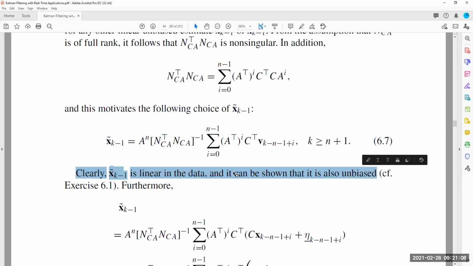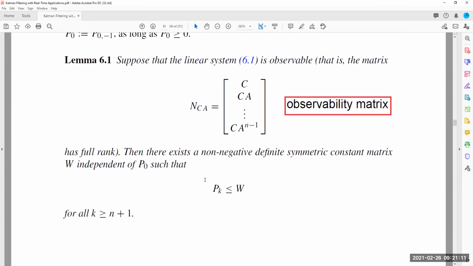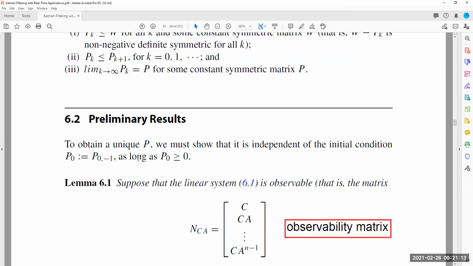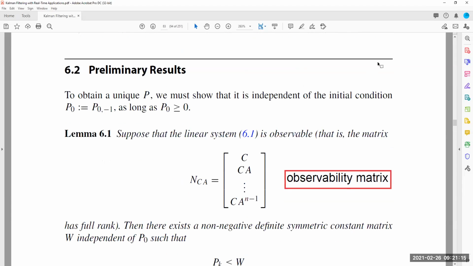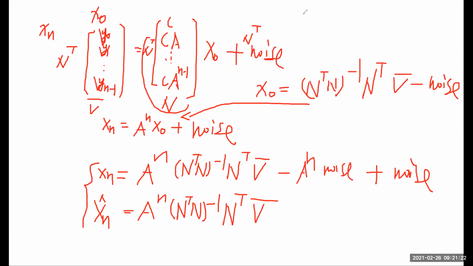Okay, so lemma 1 basically tells you that this Pk is upper bounded. Okay, it's upper bounded. But let me use another whiteboard. Let me clear my drawing here.